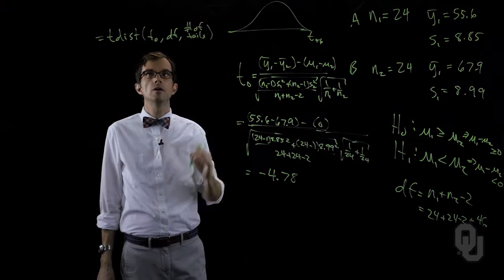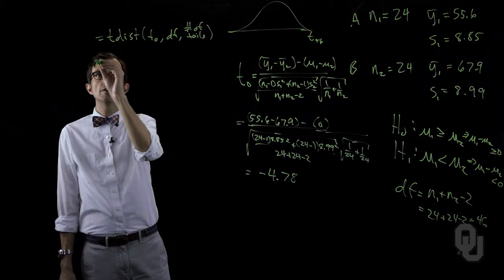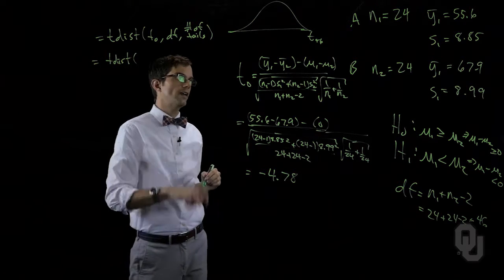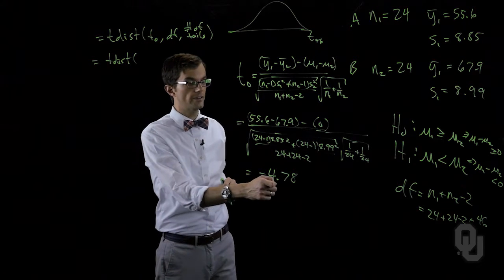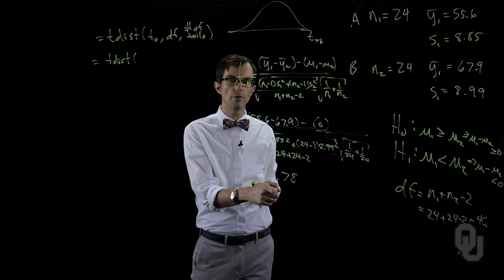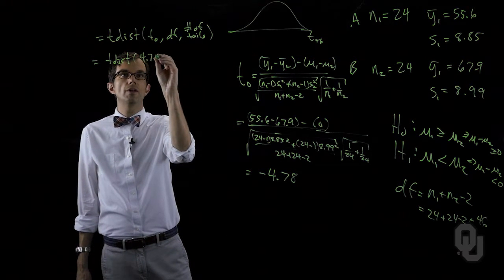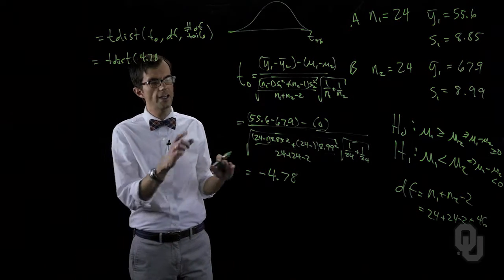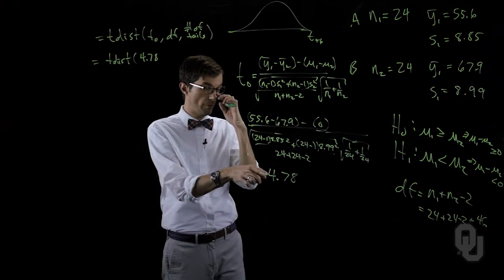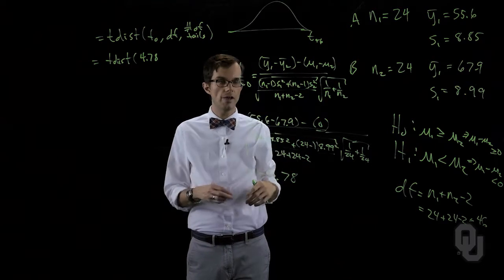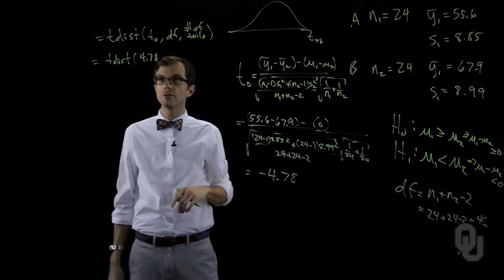So we implement this with T.DIST. We put in the test statistic. However, Excel does not like it if you put in a negative number, so we have to put in the positive number, but we can keep track of this. It's going to give us the upper tail, which is the same as the lower tail because of the symmetric nature of this distribution.